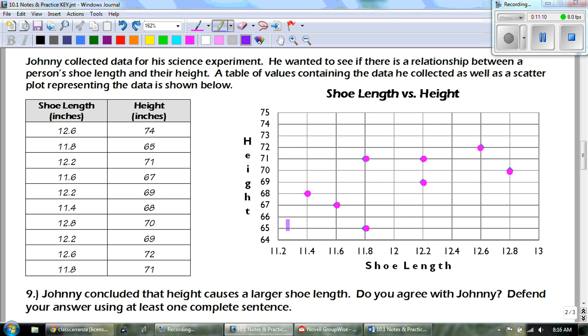Well, from left to right, I can see that the graph's going up. Okay, now it's definitely not perfect. I wouldn't even think that it's strong. I would say it's not weak, but it's about moderate. Okay, weak, the points would be farther apart. Strong, the points would be closer together.